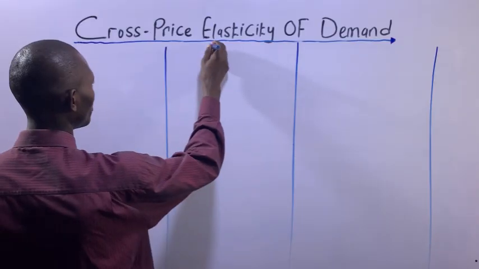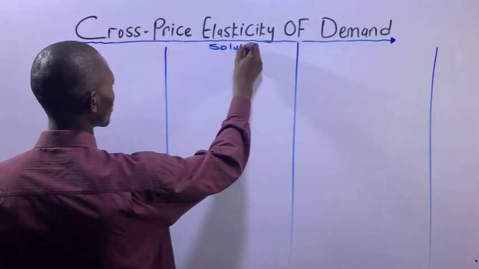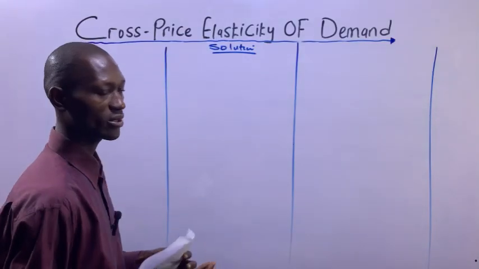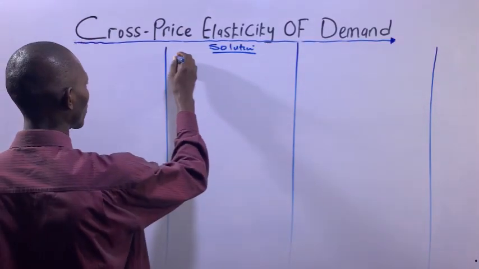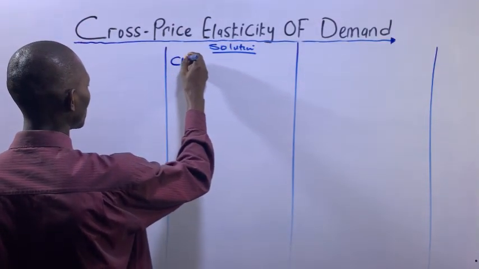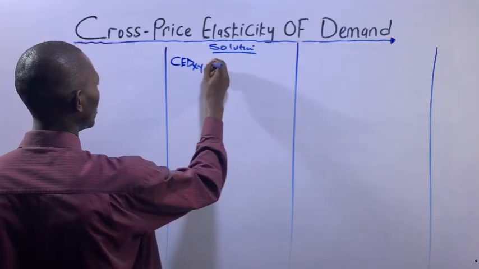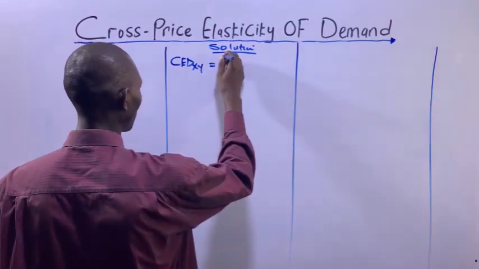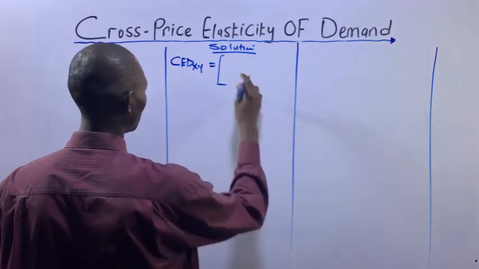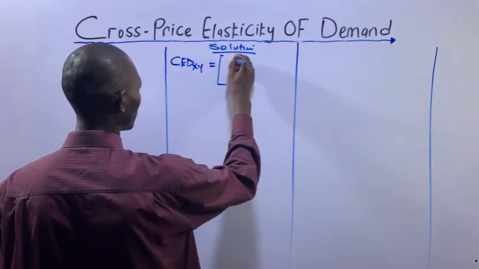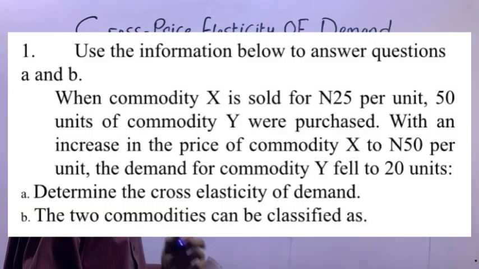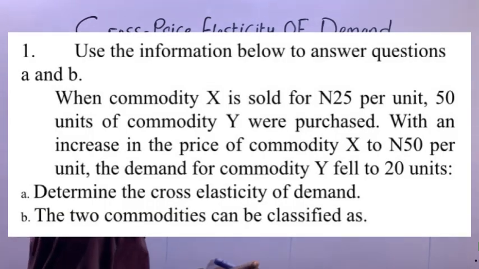Solution. So the two products in question are X and Y, so we have cross elasticity of demand for X and Y. The formula we're going to be using, just like I put there, is change in quantity of Y, since Y is carrying the quantity and X is carrying the price.